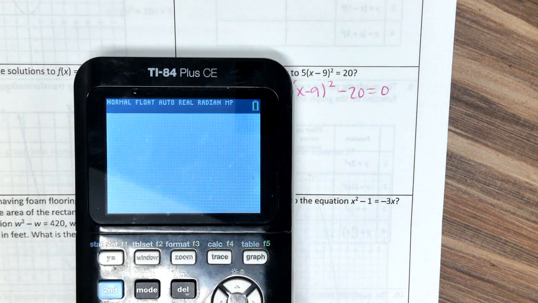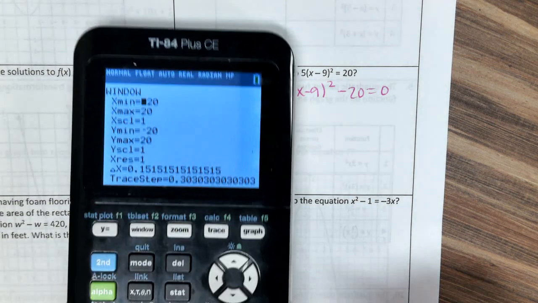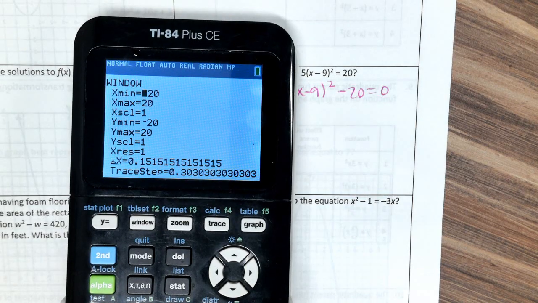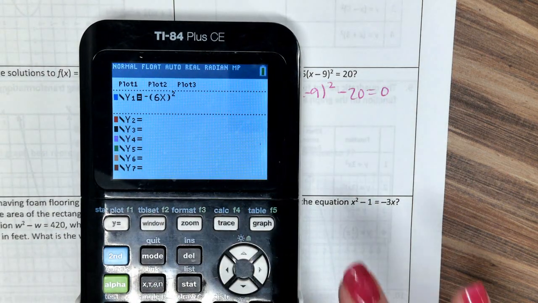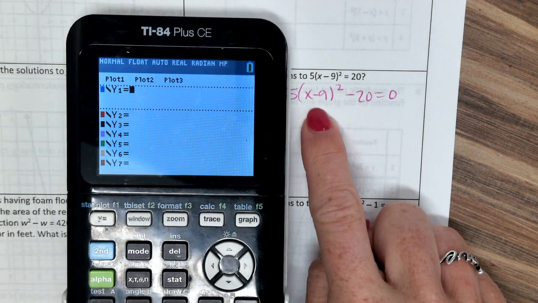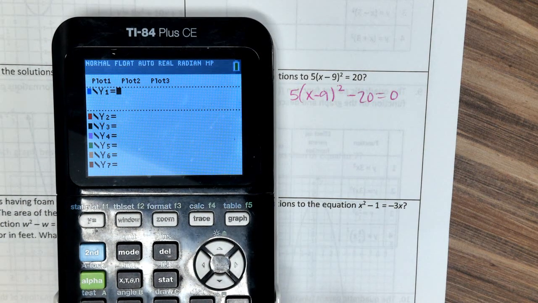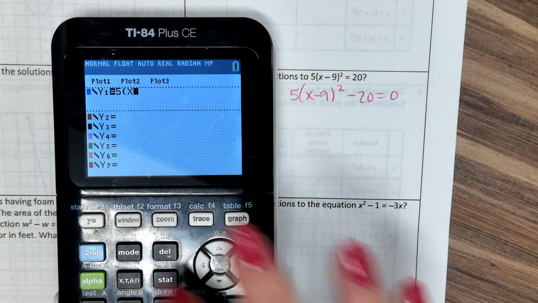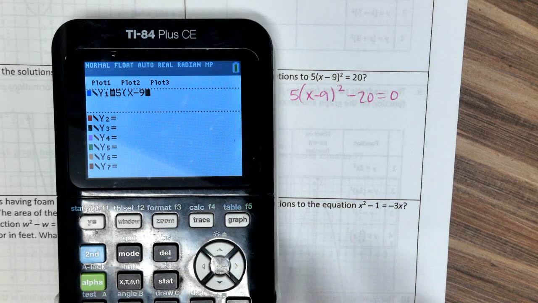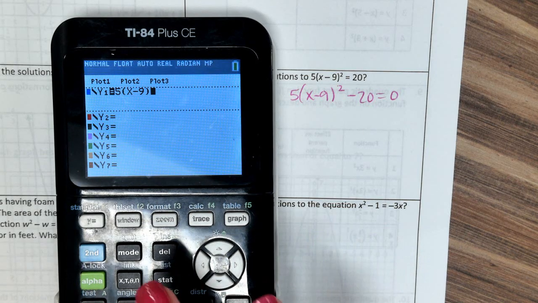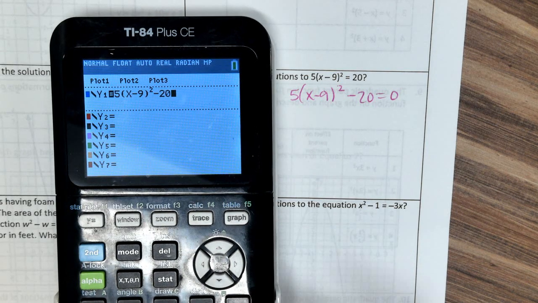Now, my windows are set from negative 20 to positive 20, so that's probably fine. I'm going to go to y equals, and type it in exactly how I see it. So 5, open parentheses, x minus 9, close parentheses, squared, minus 20.